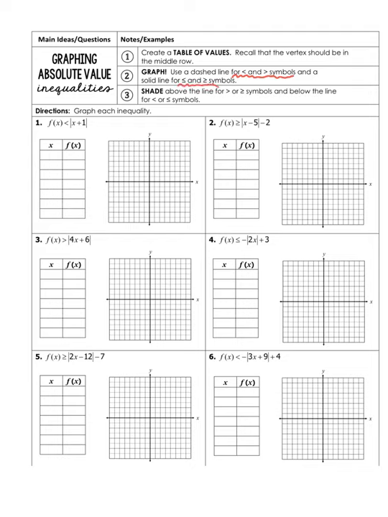If it doesn't have an equal bar, you need to draw the graph as a dashed line, and also find where to shade. So if you have a greater than or greater than or equal to symbol, it's going to be above the line. If it's less than or less than or equal to, then it will be below the line.